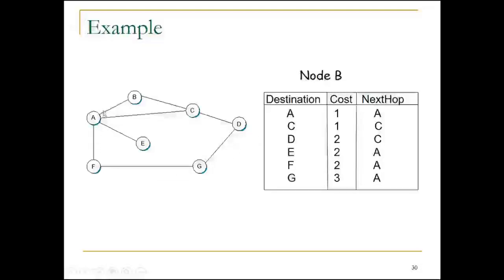The question is, how would you determine the cost of moving packets across the entire network? If you're at node B and you want to move a packet to destination A, the cost is just 1 and you only have A as your next hop. If you want to move to C, same concept: 1 cost and C as your next hop. But if you want to move a packet from B to D, you'd have to go through 2 costs, using C as your next hop.